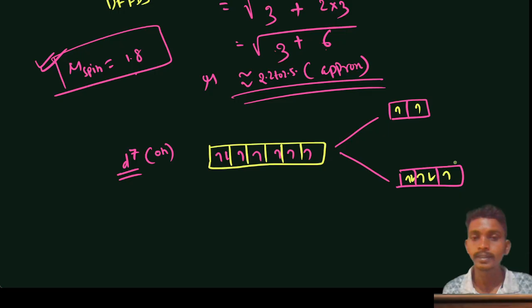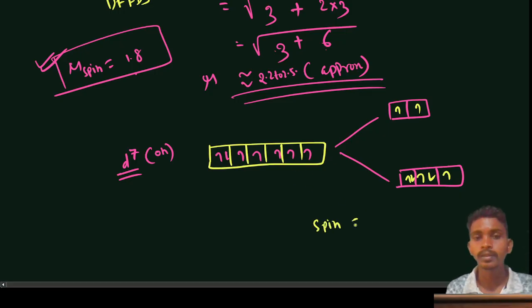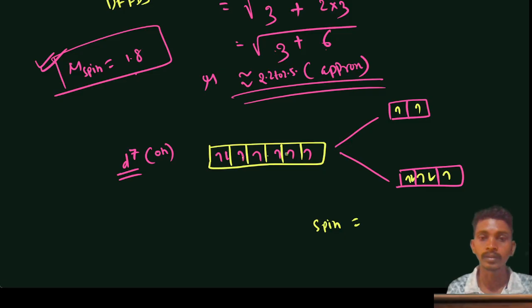This is triply degenerate. So if you calculate the spin-only magnetic moment, how many unpaired electrons are there? 1, 2, 3, 4, 5.